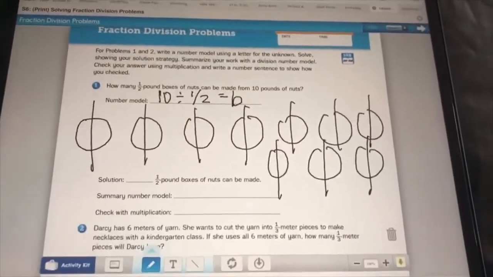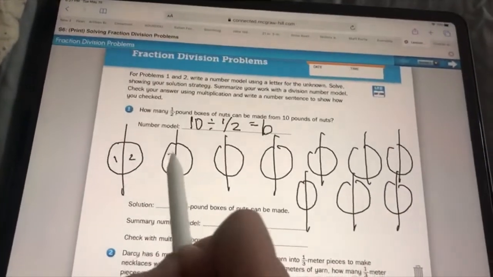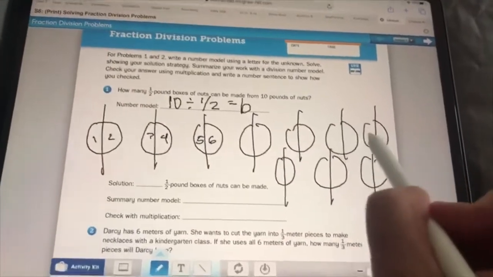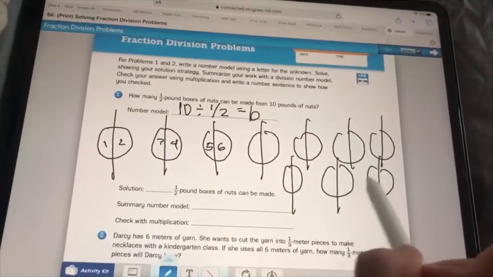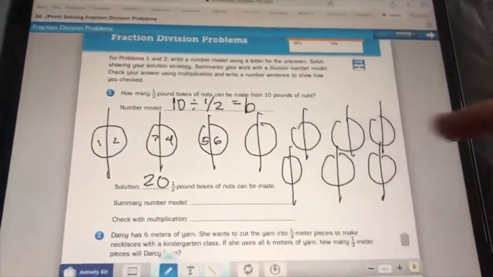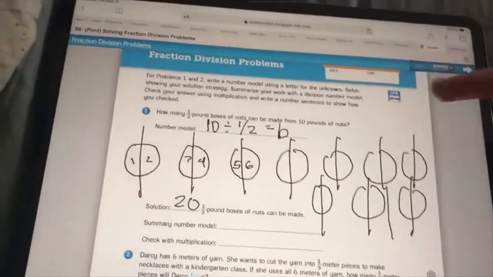Half-pound boxes. Well, 1, 2, 3, 4, 5, 6, 7, 8, 9, 10, 11, 12, 13, 14, 15, 16, 17, 18, 19. They would have 20. They would have 20 half-pound boxes.